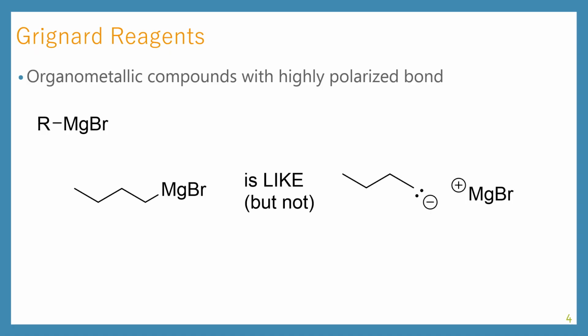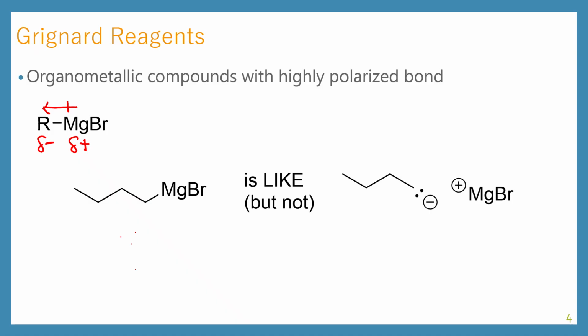And this is highly polarized, maybe not in the way that you think. The magnesium is going to be very, very positive, even though I know bromine is electronegative. The magnesium is going to be very, very positive, and the R group, very, very negative on the carbon directly attached to it.